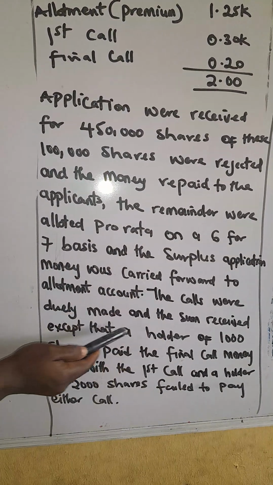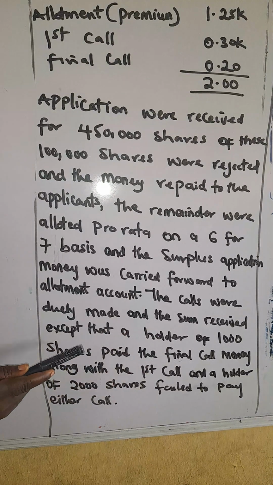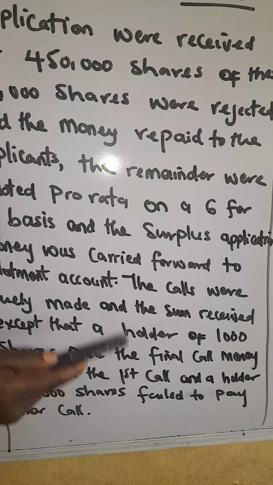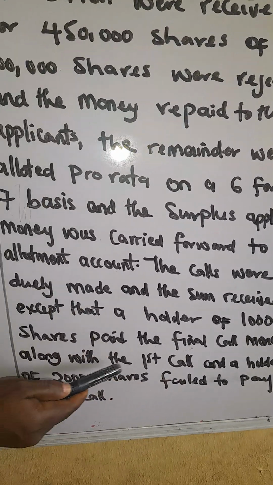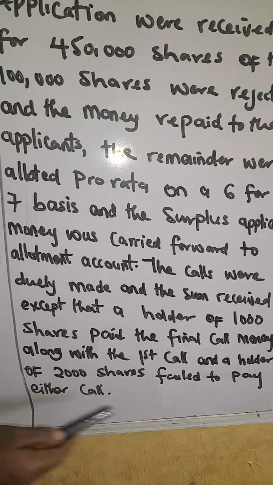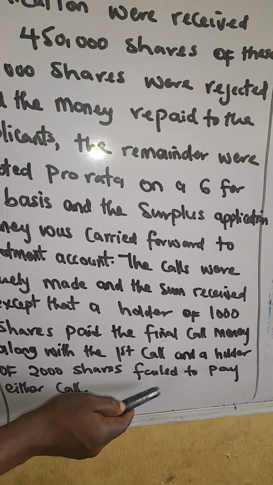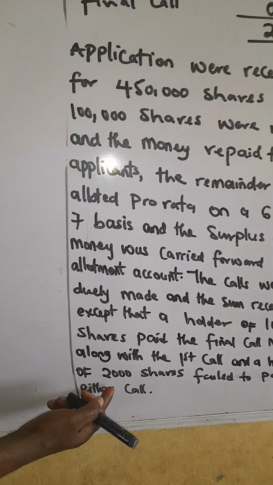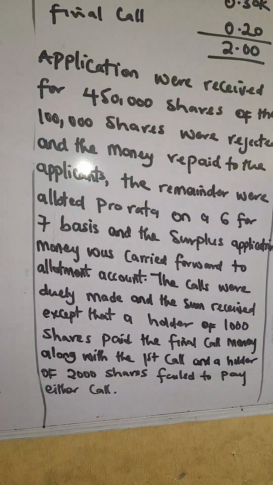The calls were duly made and the sum received, except that an holder of 1,000 shares paid the final call money along with the first call money, and a holder of 2,000 shares failed to pay either call. Here, out of these 300,000 shares, 2,000 shares were not paid.